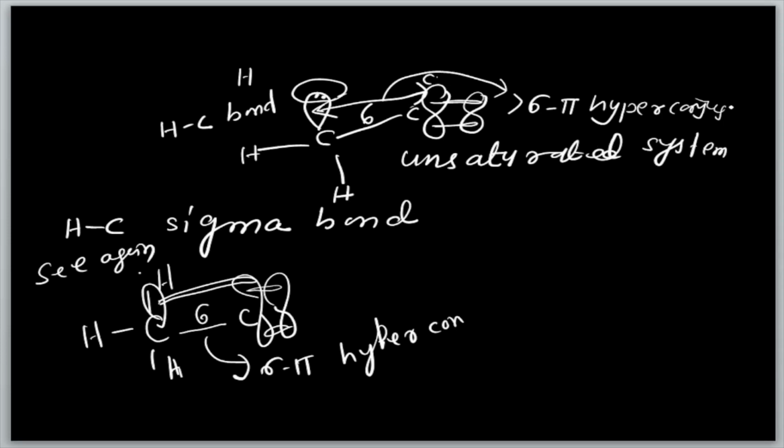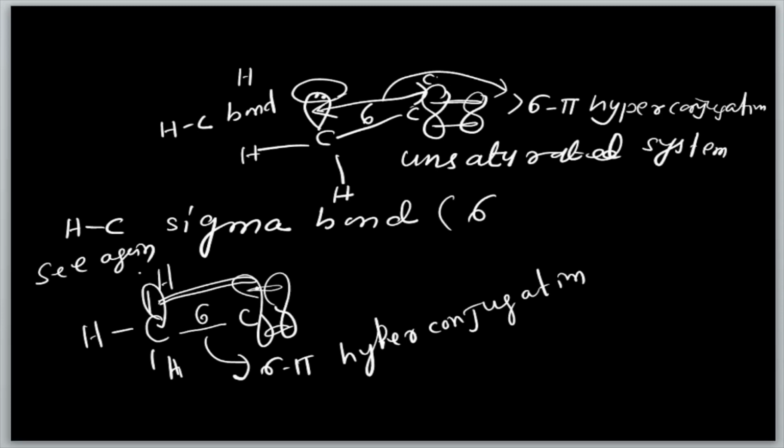And here, this part is an unsaturated system. Again see, C=C is the double bond, and this C-H is a single bond, that is a sigma bond, a strong bond. Are you clear?